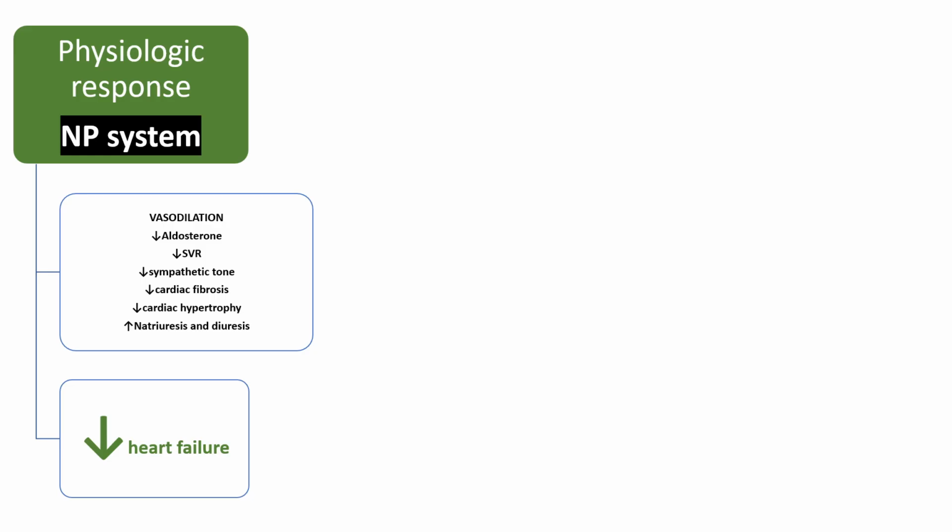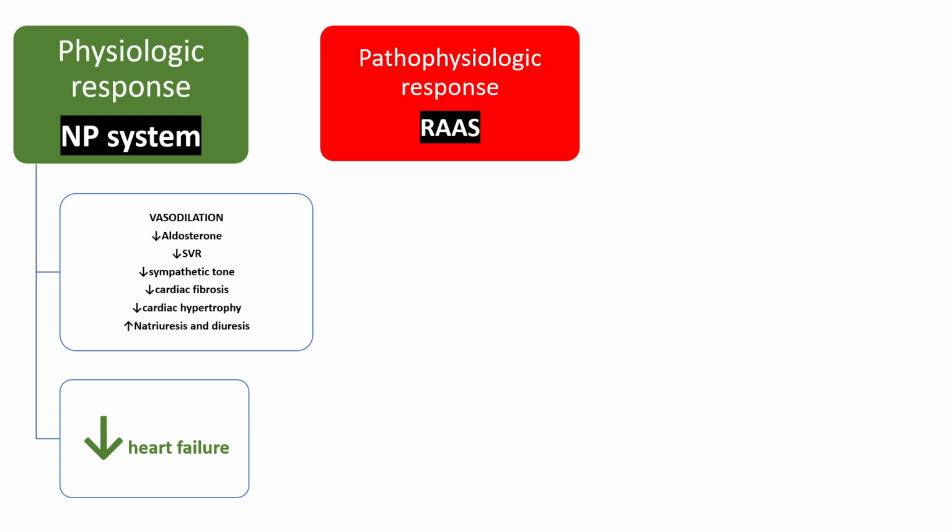Now I want to help you recall these pathophysiologic mechanisms that we already talked about and put them side by side on this same slide. So in addition to the physiologic natriuretic peptide system, there is the pathophysiologic response caused by the renin-angiotensin-aldosterone system, or RAS.